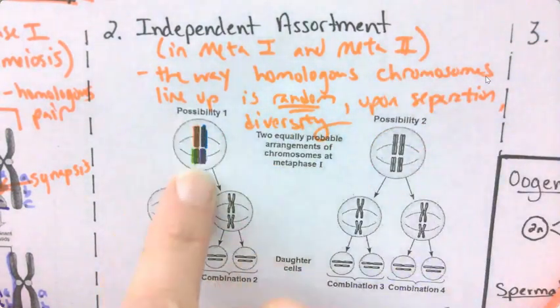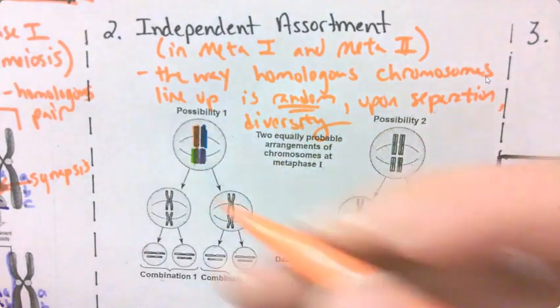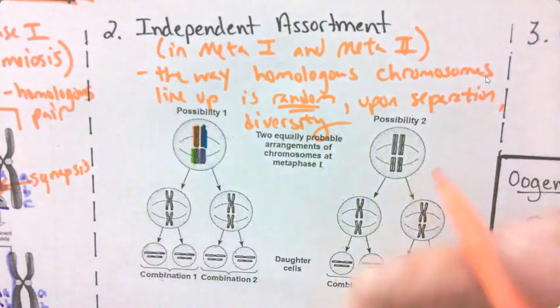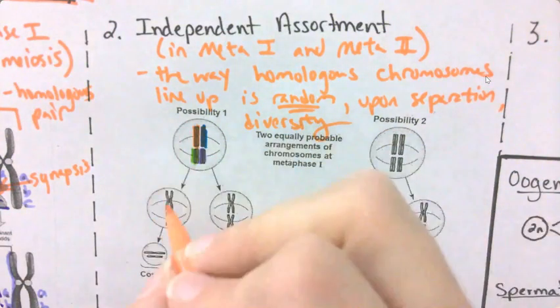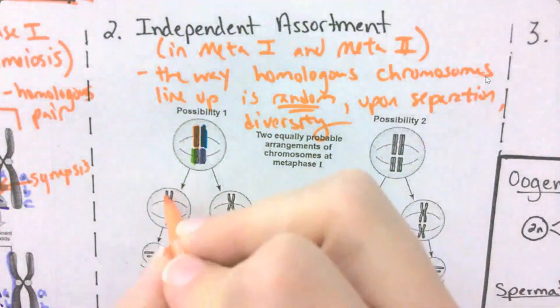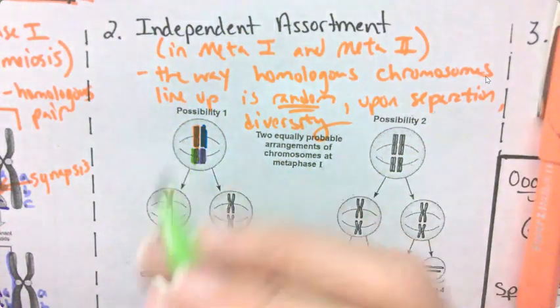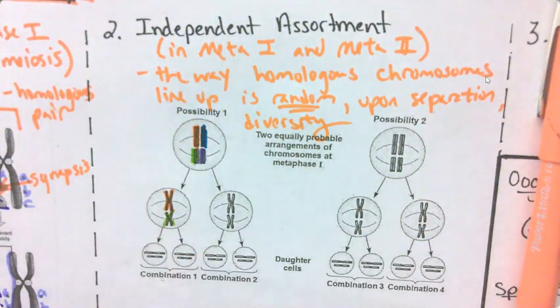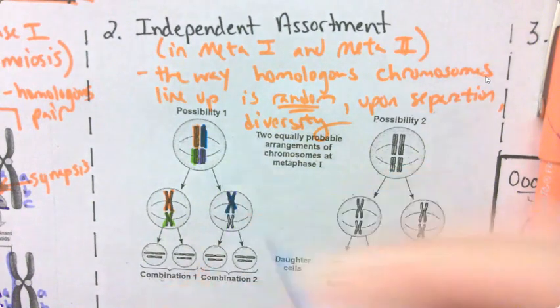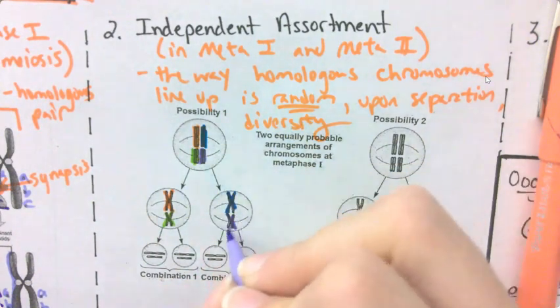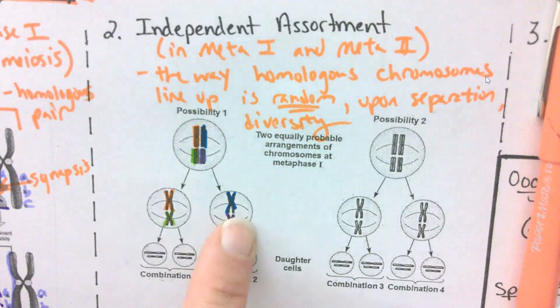The way they lined up in metaphase 1 influences how they separate at the end of anaphase 1, right? So because they're lined up like this, the orange and the green chromosomes will go to one cell, and the blue and the purple chromosomes will go to another cell. So both cells have one big and one small chromosome.